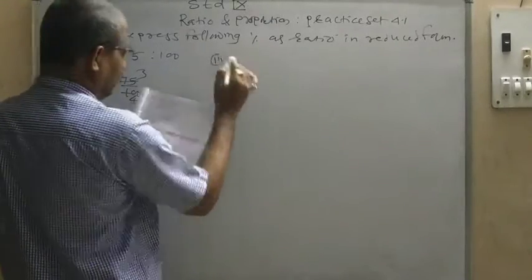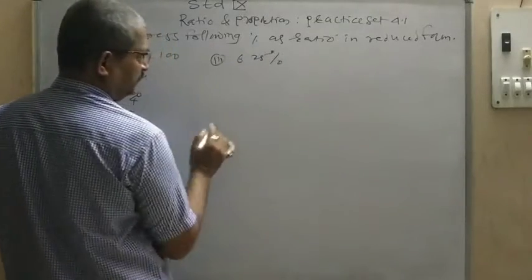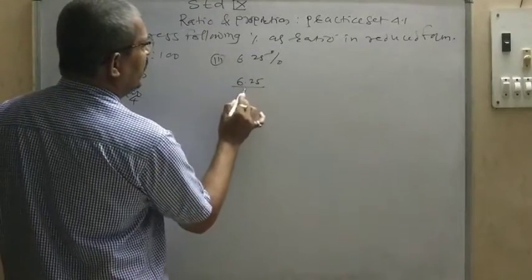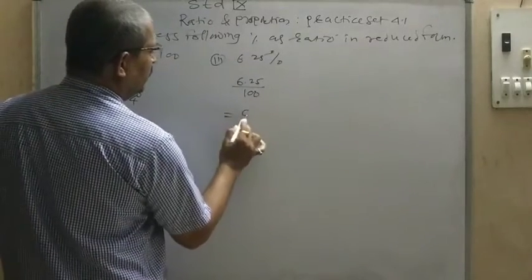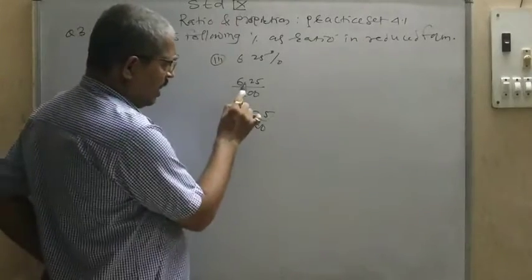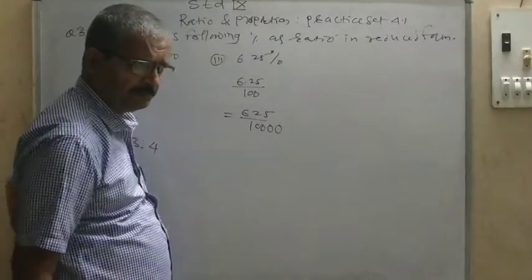Now I am going to take the third one, 6.25%. 6.25% means 6.25 upon 100. Now 625 upon 100. After the point there are two digits, so in the denominator you put two zeros.